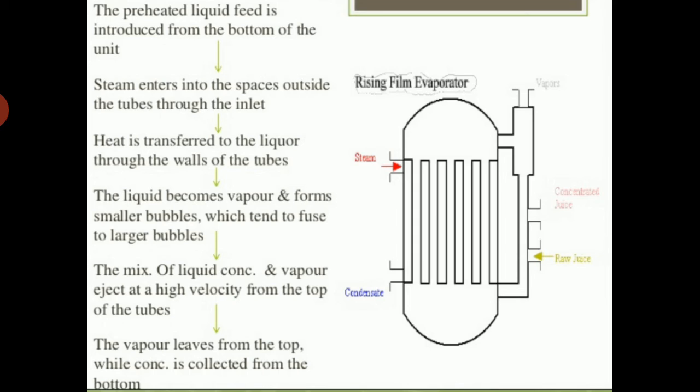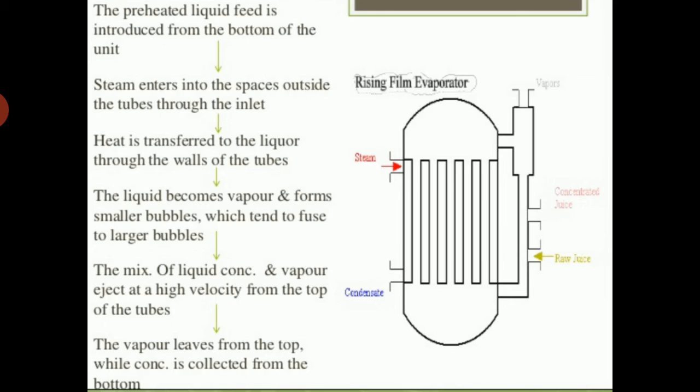Next one is the working of the horizontal tube evaporator. The feed is introduced into the evaporator until the steam compartment is satisfactorily immersed. Steam is introduced into the steam compartment. The horizontal tubes receive heat from the steam and conduct it to the liquid due to the temperature gradient.